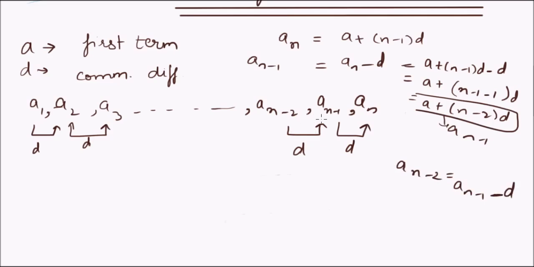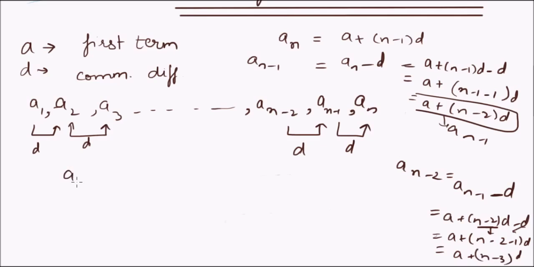See over here, which will be A plus N minus 2 into D minus D, which will give us A plus N minus 2 minus 1 into D, and minus 2 from here and minus 1 from here, which will give us A plus N minus 3 D. Thus clearly, if we have to find out AN minus 1, it is A plus N minus 2D.